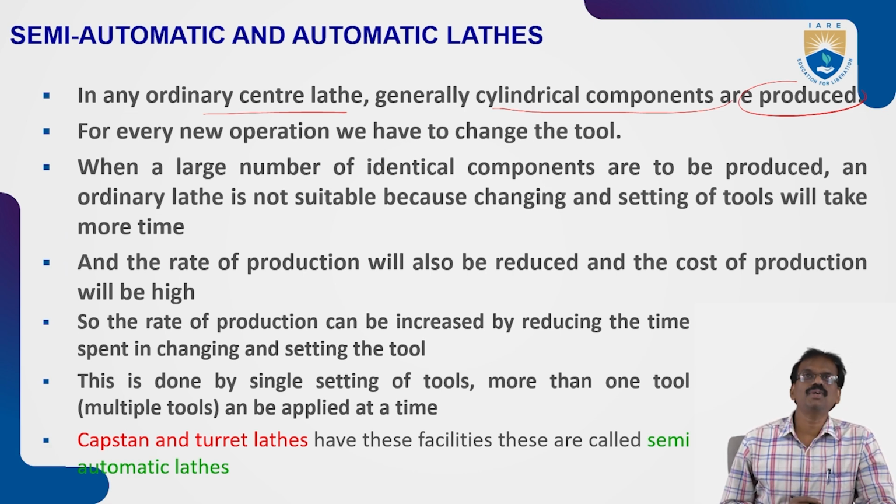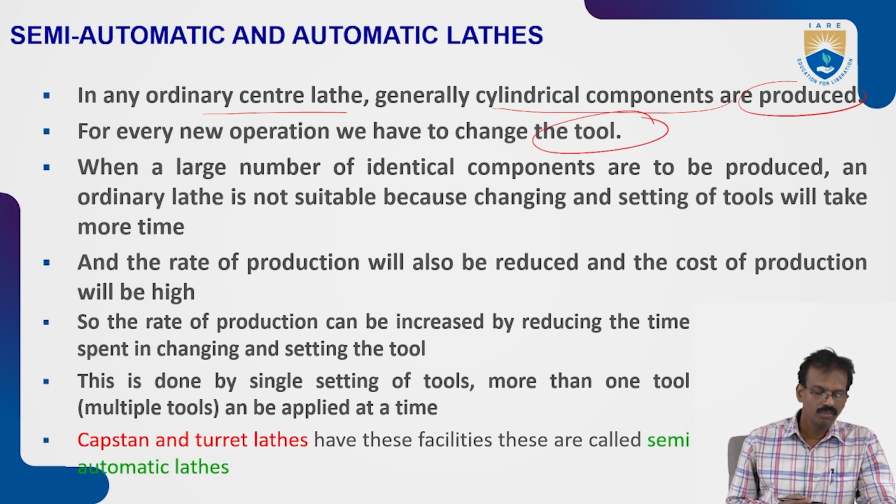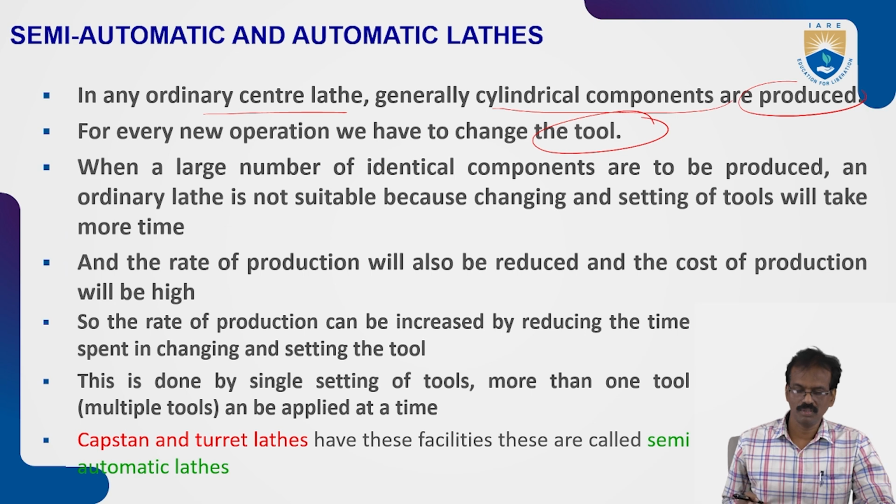For every new operation, we have to change the tool, so that is time wasting. Every time we have to remove the previous tool bit and set the required tool bit in the headstock or tailstock. So it takes more time, mainly for mass production, so this is very time wasting.